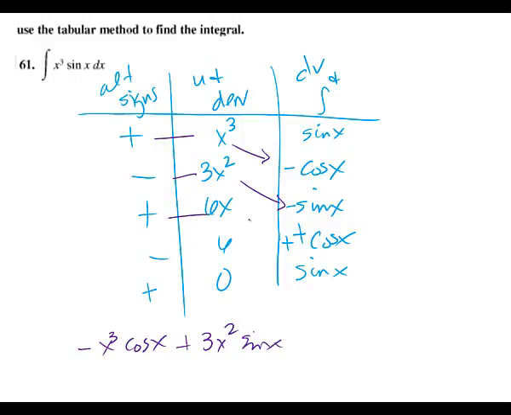Then across and down, I'm seeing plus 6x cosine x. And across and down, I get negative 6 sine x plus c. Is that your answer? Do we solve? That's the answer.